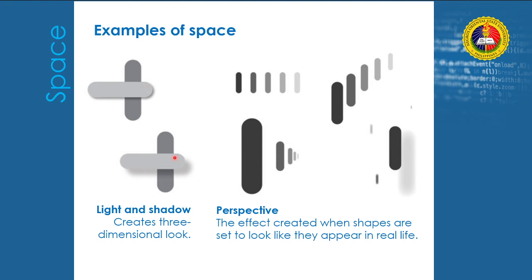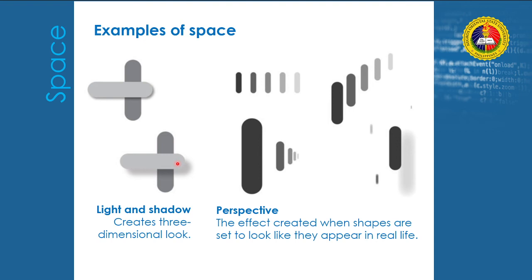So therefore, if we look at these photos, these objects or visual elements are much closer together and closer to the wall or any surface compared to this. So basically, it creates a three-dimensional look. The light and shadow create a three-dimensional look of the visual elements.